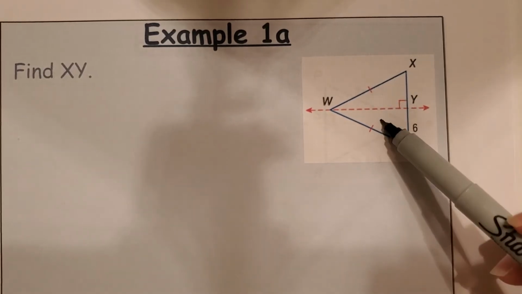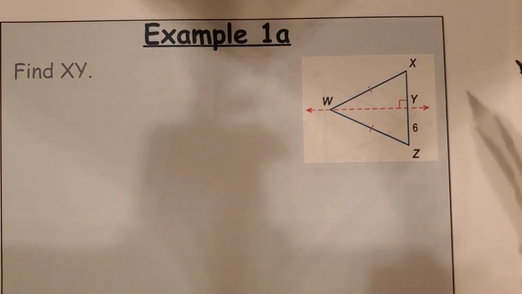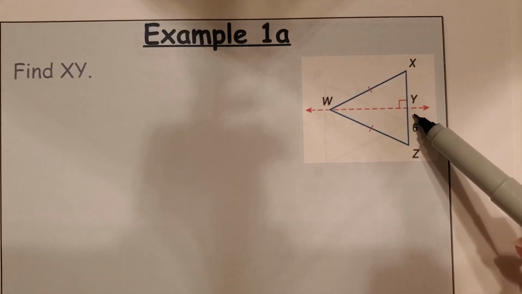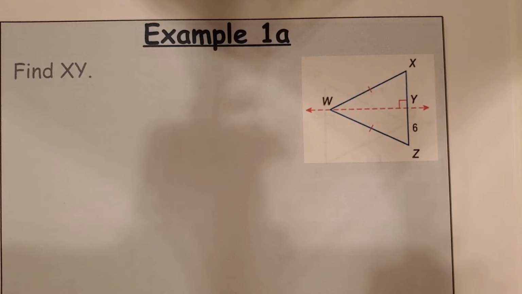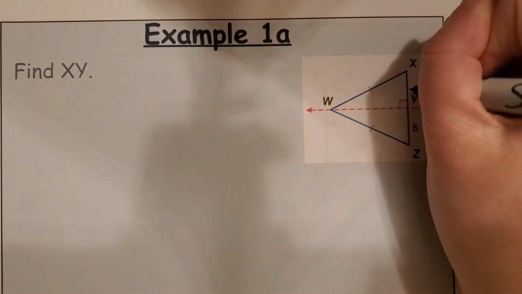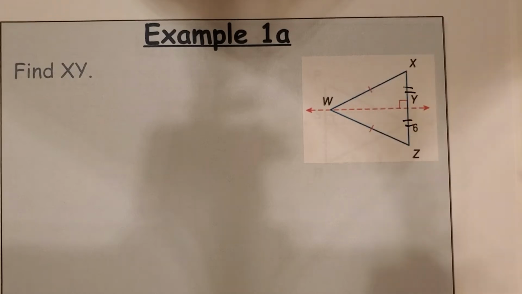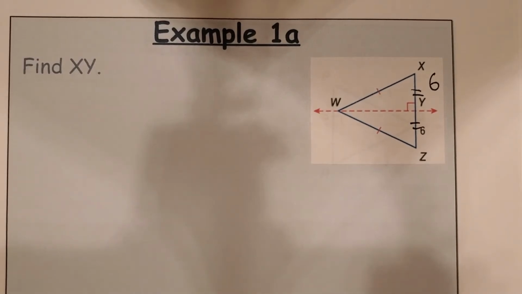Because of this congruence, W is equidistant from the other two points in the triangle, X and Z, which means the line that goes through it, WY, is the perpendicular bisector of side XZ. So we can say XY is congruent to YZ. If we know YZ is 6, XY also has to be 6. Okay?